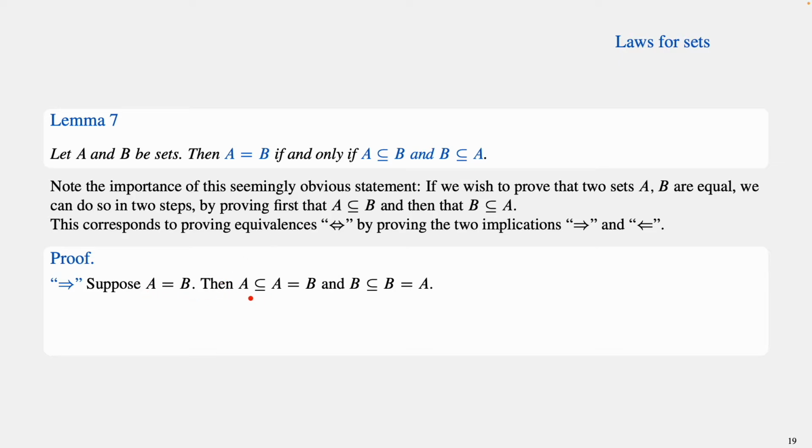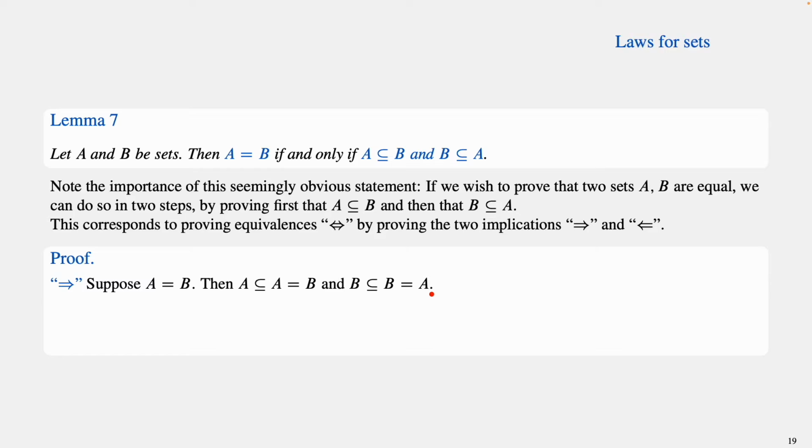Now if this holds, then, well, A is clearly a subset of itself, which is equal to B. So A is a subset of B, and B is a subset of itself, which is equal to A. So B is a subset of A.